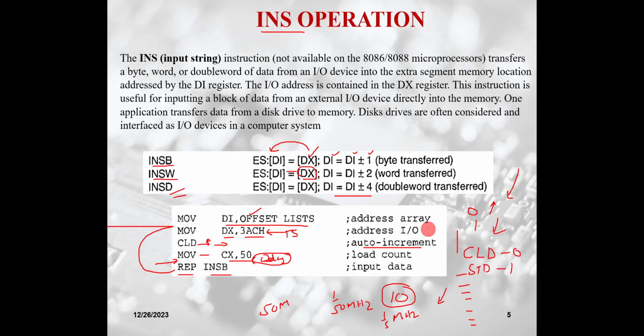It is going to keep getting data from the same port and keep writing into subsequent memory locations. That may not be ideal unless it is very critical data where you have to keep logging at every microsecond, otherwise your memory will get filled up. So that may not be a very ideal situation.